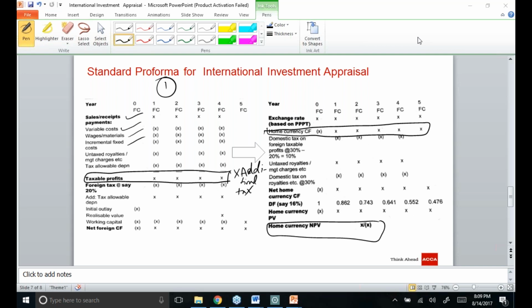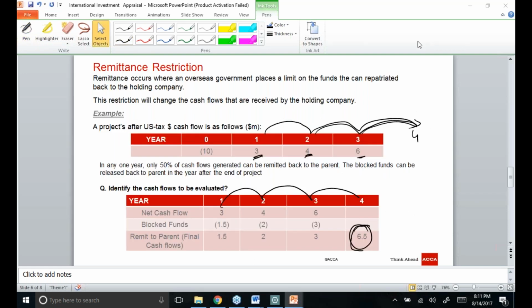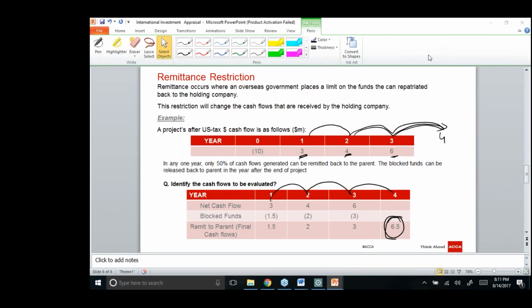Okay, there's another question. What if you have to reinvest in case of block remittance? Okay, let's have a look at this slide.